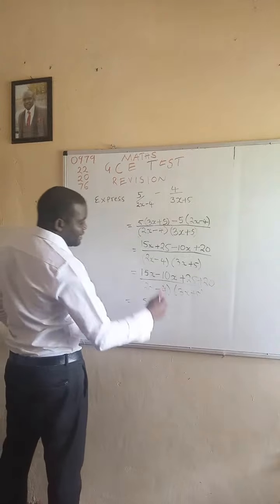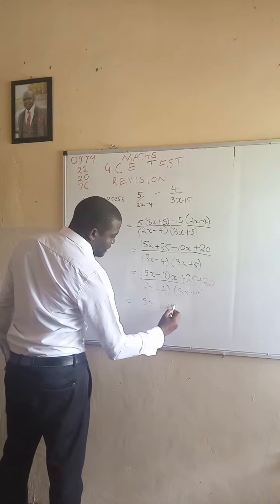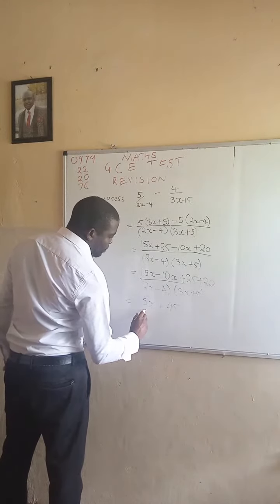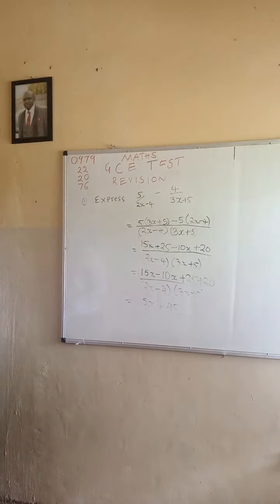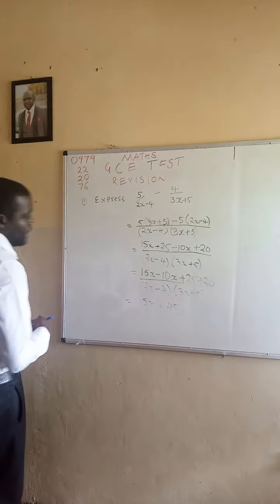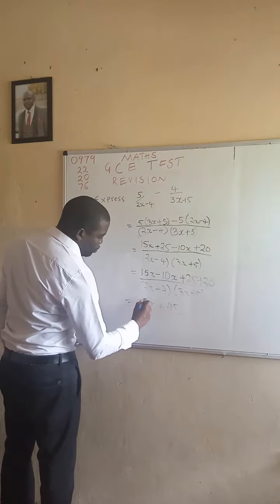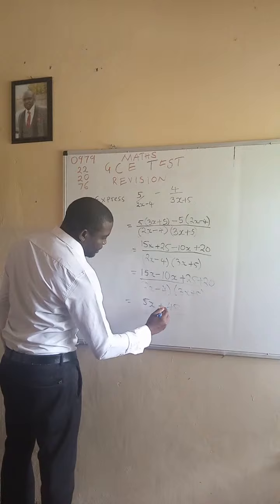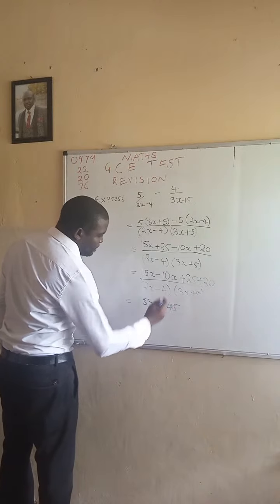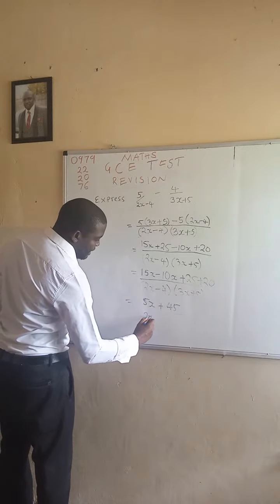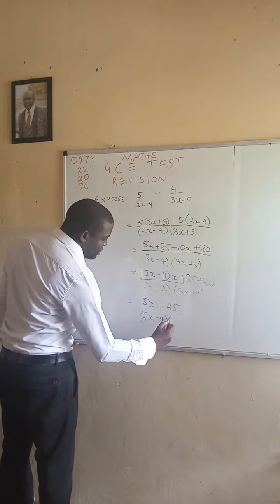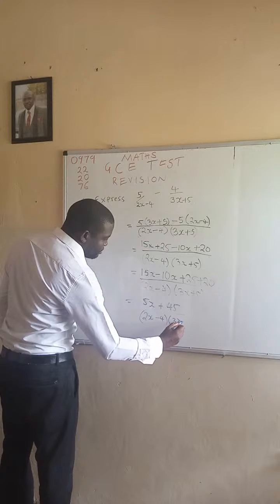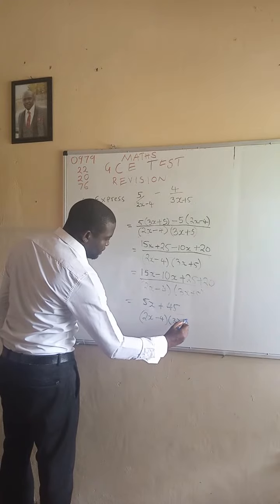So this is actually 45 over, the markers become very faint. I hope we will proceed. Plus 45 over 2x minus 4 in brackets, open 3x plus 5.